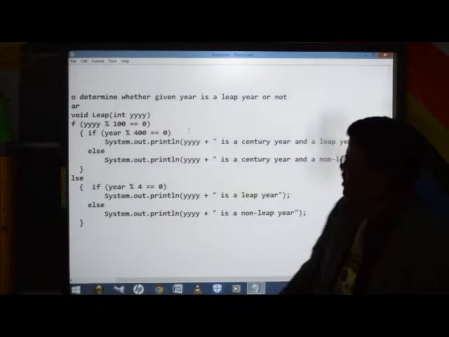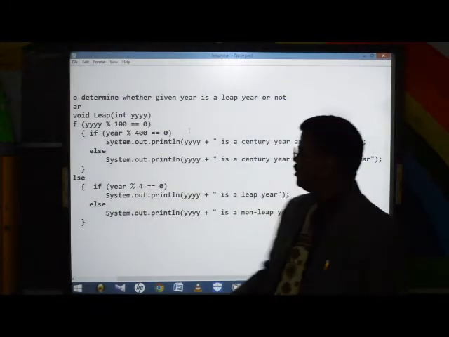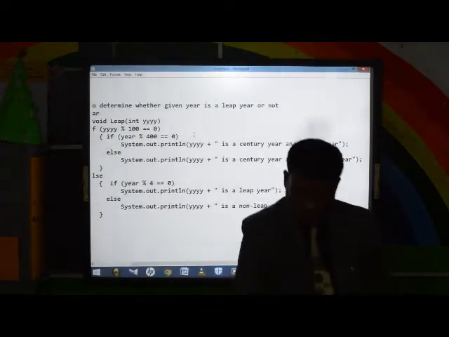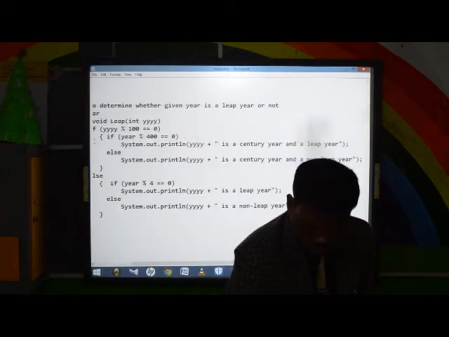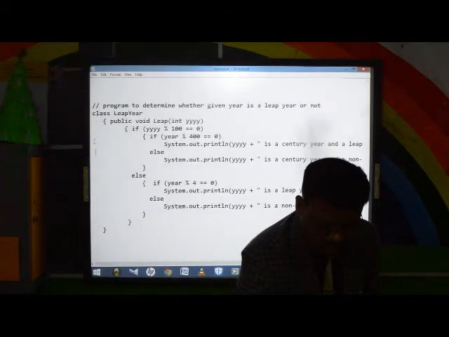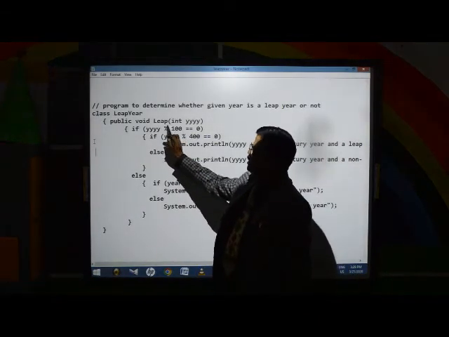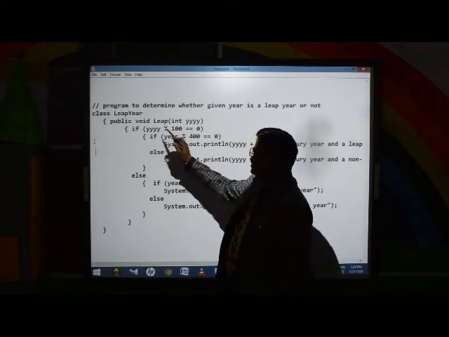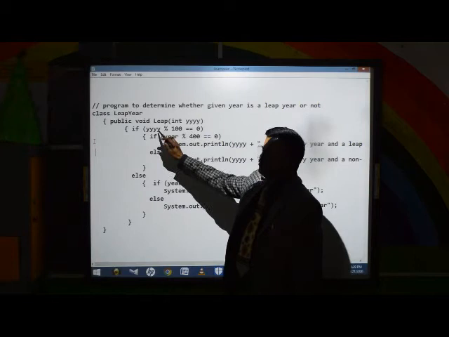Now, let's go to the next scenario. Let's give 2017. Have a look. How does 2017 work? 2017 divided by 100 means the remainder will be 17. 17 and 0 are the same?